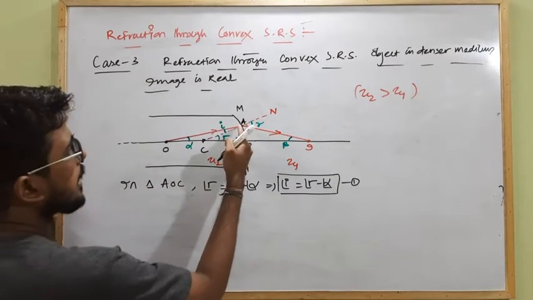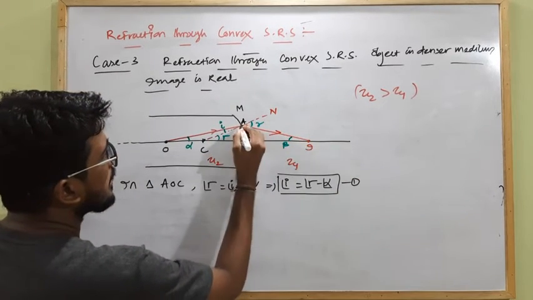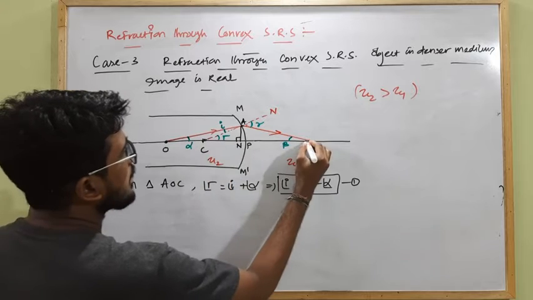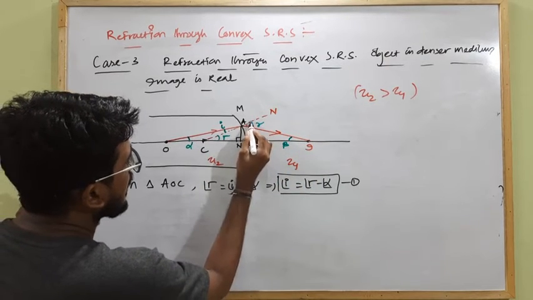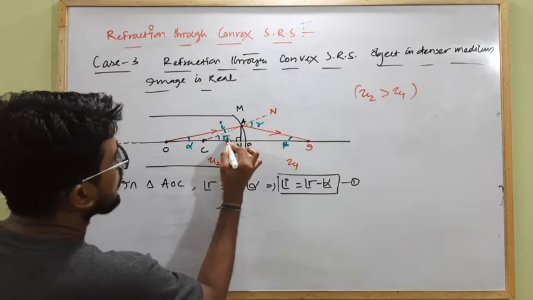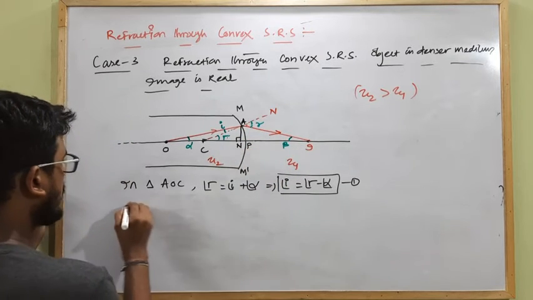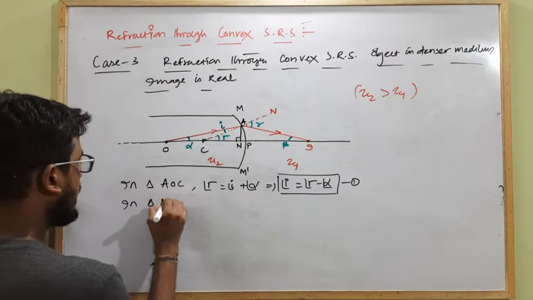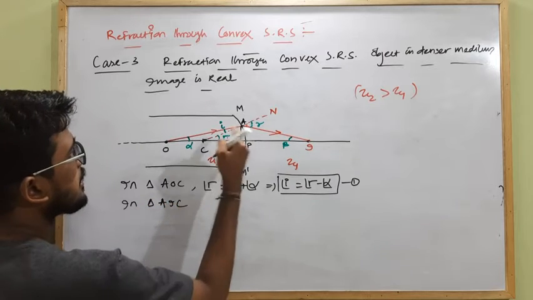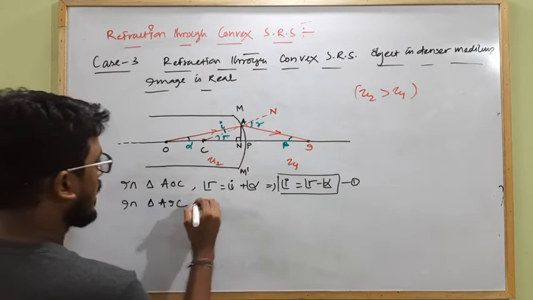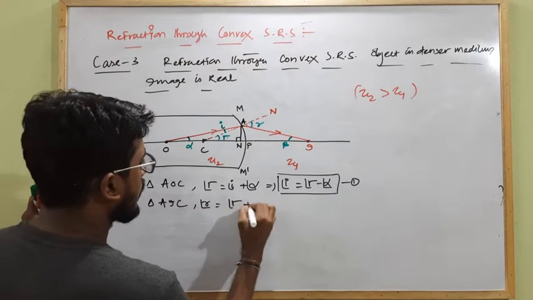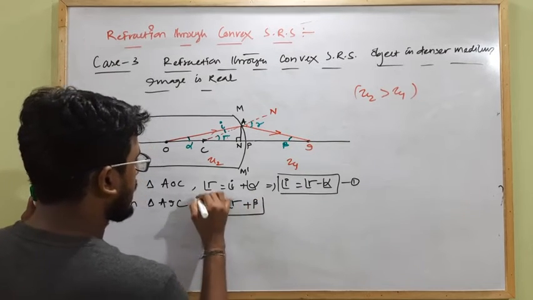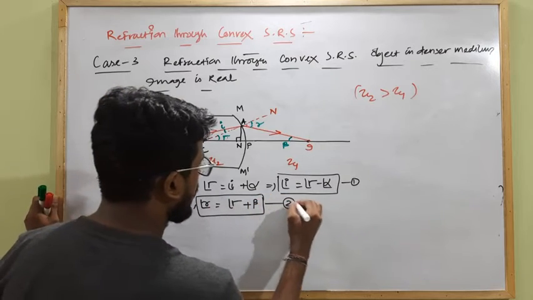Similarly, in triangle AIC, r is the exterior angle, r will be equal to gamma plus beta. So in triangle AIC, r is the exterior angle which is equal to gamma plus beta. Clear? Let this be equation 2.